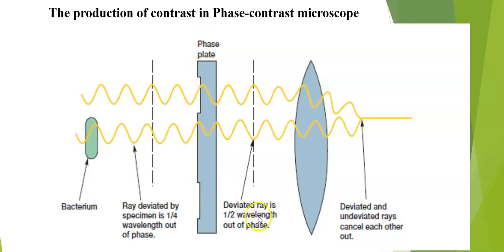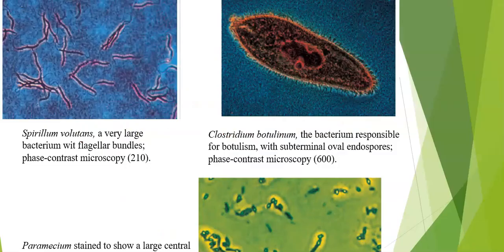And the deviated ray is half of the wavelength, which is out of phase. And now we have a lens. So now both rays will come at one point. The deviated and the non-deviated rays will cancel each other out at this point. So here is where the basic type of contrast is created.